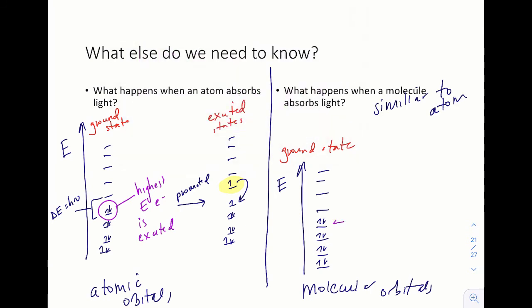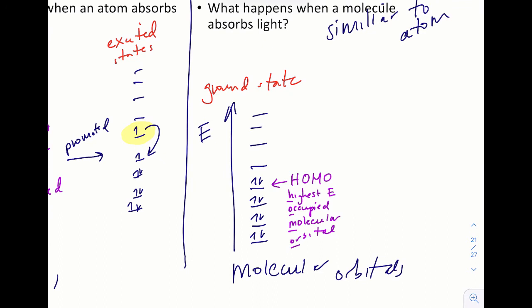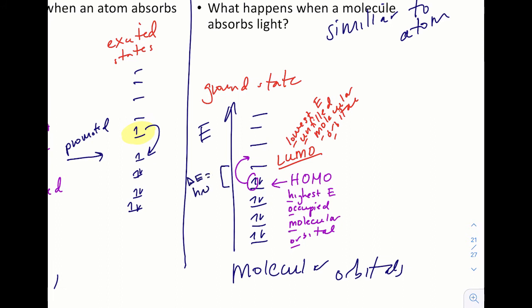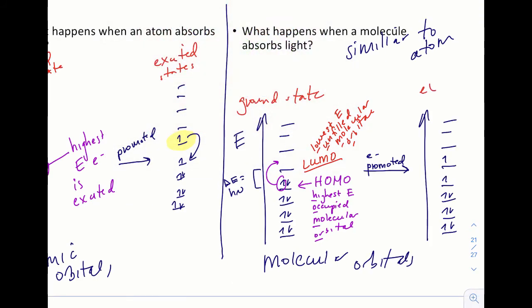An electron in the highest energy occupied or filled molecular orbital, aka the HOMO, will be promoted to the LUMO, which is the lowest energy empty or unfilled orbital. So unoccupied, but I'm writing unfilled. As long as that light has an energy equal to the difference in energy between those two orbitals, that yields the excited state of the molecule.